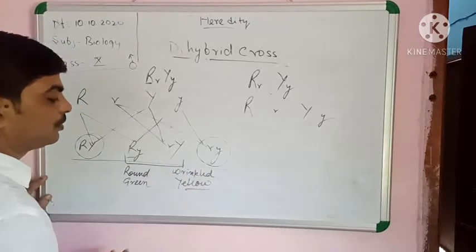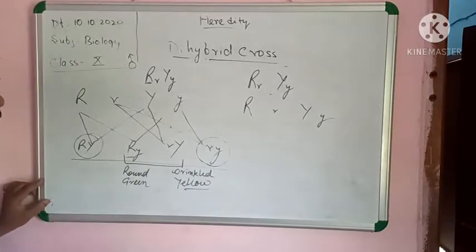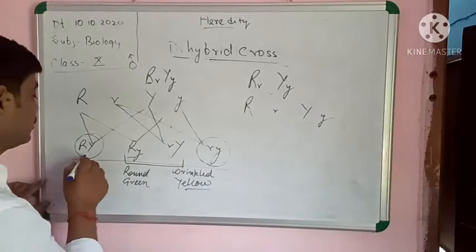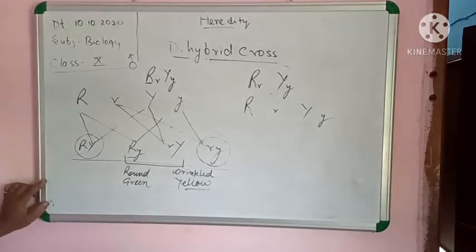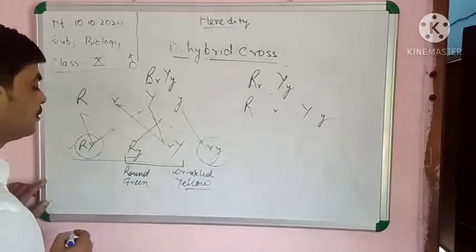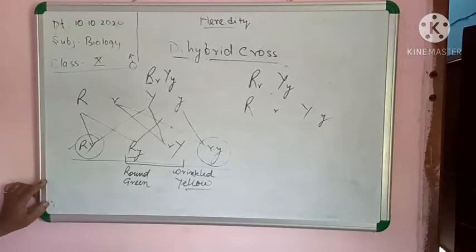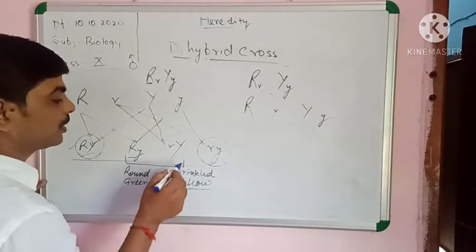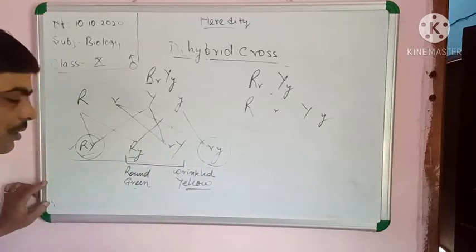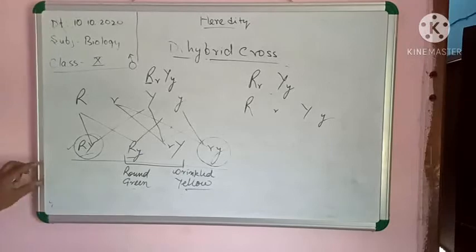This new combination we get here, and the genotypic ratio, if we see here, it is in front of you. Phenotypic ratio: this is round yellow, this is round green, this is wrinkled yellow, and this is wrinkled green. Okay. So in this way, this dihybrid cross will be complete.